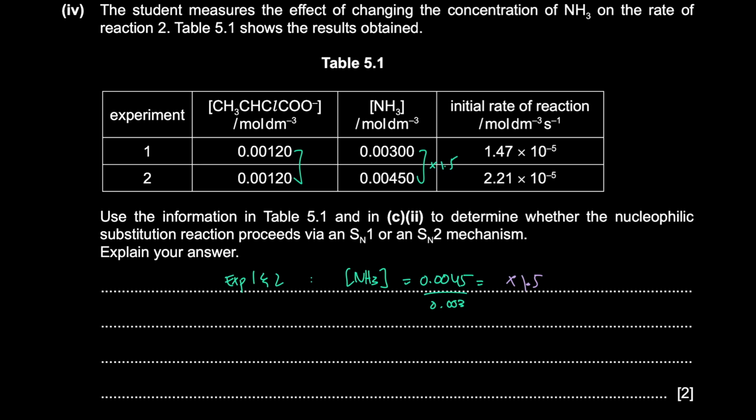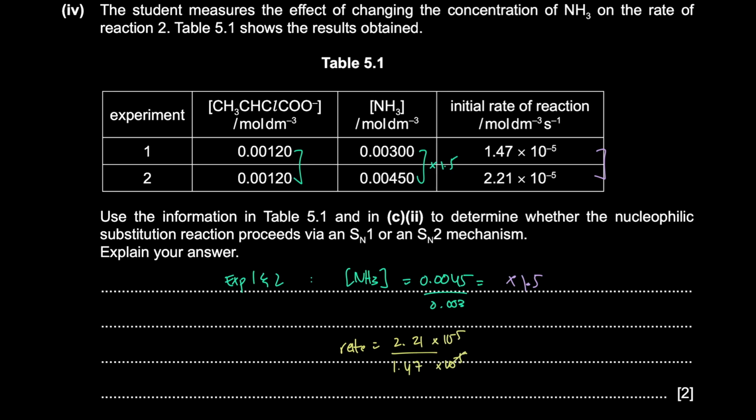And what's happening to the rate? The rate in the second reaction is 2.21 times 10 to the power of -5, and it's 1.47 times 10 to the power of -5 in the first reaction.